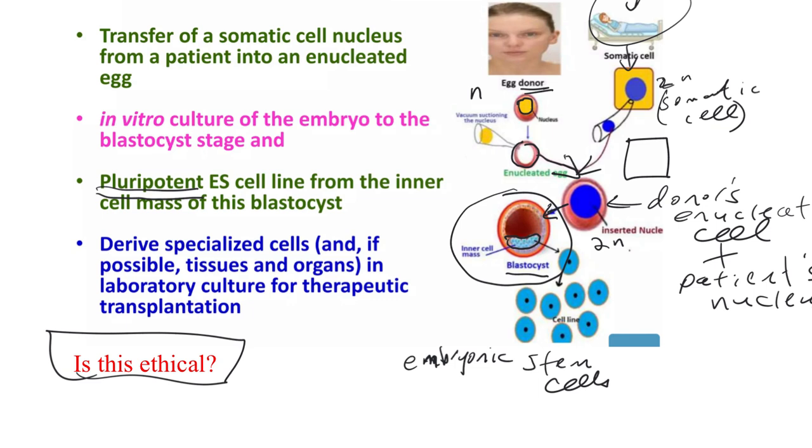All we're doing is producing embryos that could be another individual if you let it grow, and you're just using those individuals as slaves to help another living thing.